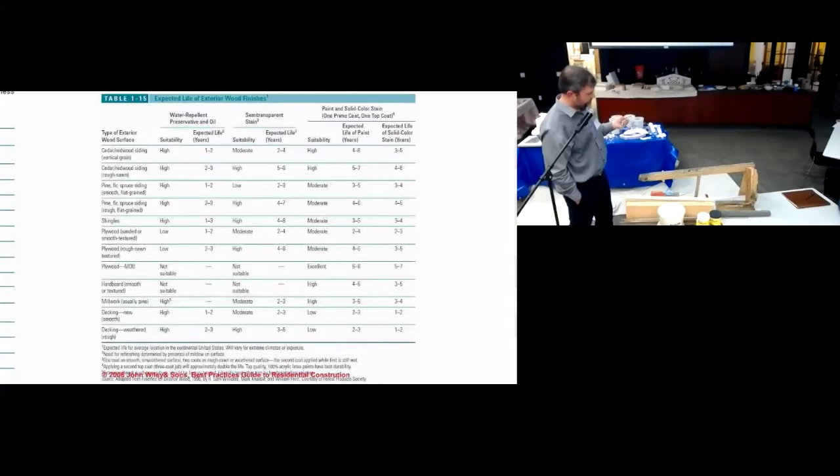So one of the questions that people are often exploring is, how often do I have to update the finish on my wood? Well, part of it depends upon the finish and part of it depends upon the wood. So on the right-hand side, we can see how long we can expect the coating to last on various different types of woods. The best one here is 7 years.